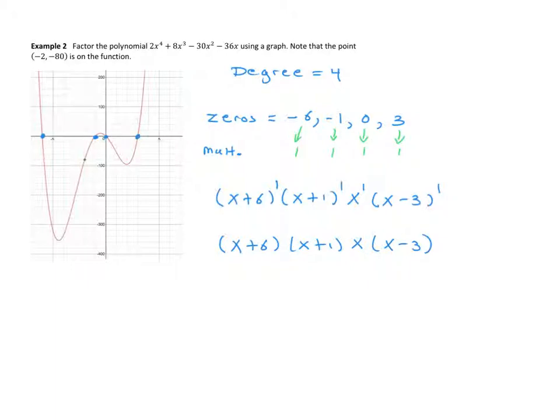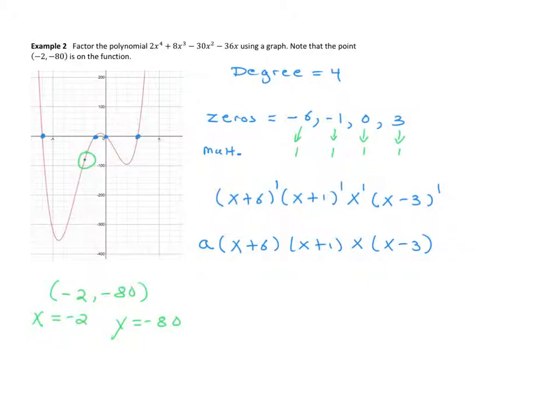Here's how I'm going to do it. I'm going to put an a in front of this whole equation, and I'm going to choose a point on my graph. There's a point right here, which is (-2, -80). What this means is if you put -2 in place of x, the corresponding y value is -80. So if I go over to my equation and put -2 in place of each x, the result should be equal to -80.